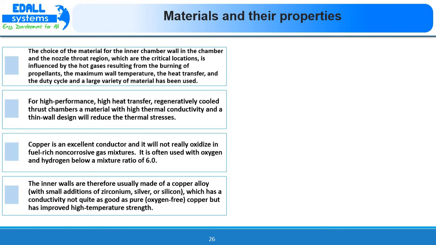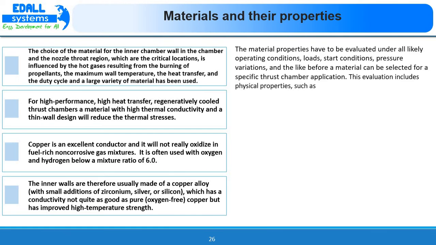Copper is an excellent conductor and it will not really oxidize in fuel-rich non-corrosive gas mixtures. It is often used with oxygen and hydrogen below a mixture ratio of 6.0. The inner walls are therefore usually made of a copper alloy with small additions of zirconium, silver, or silicon, which has a conductivity not quite as good as pure copper but has improved high temperature strength.